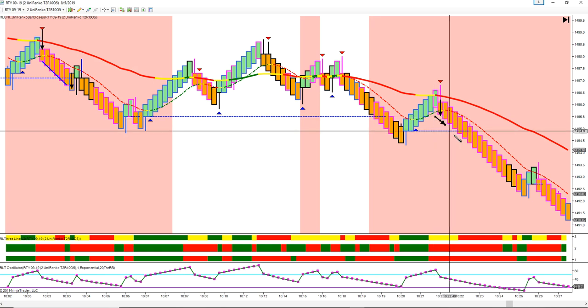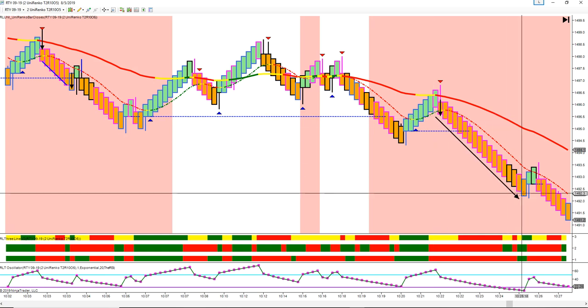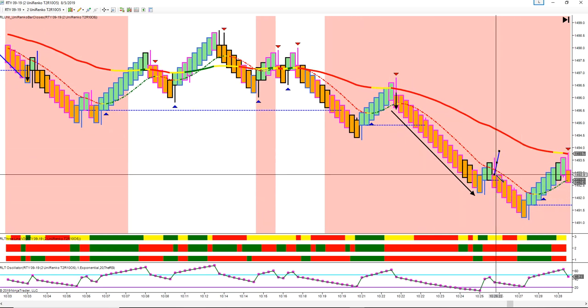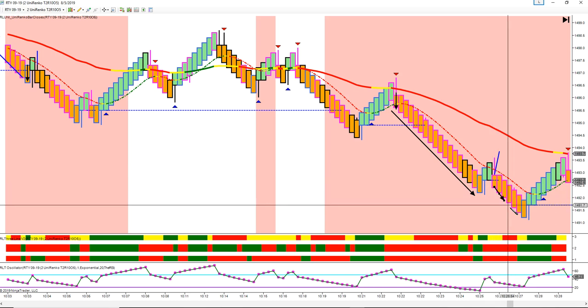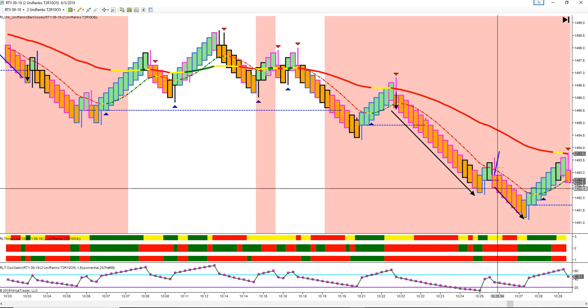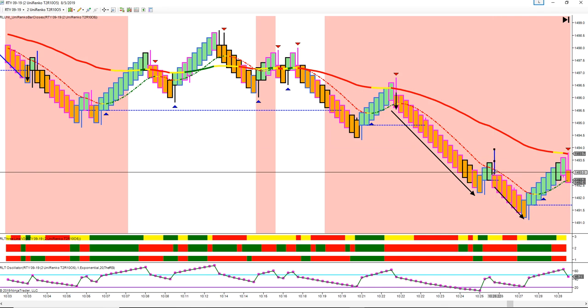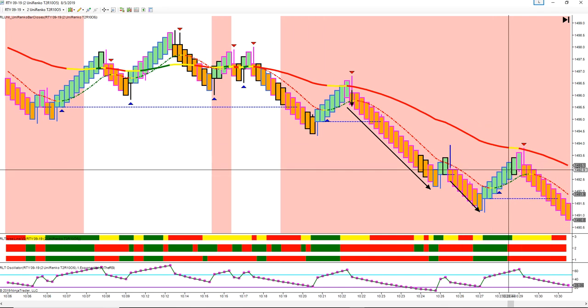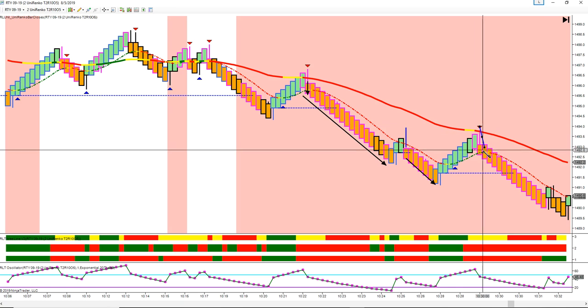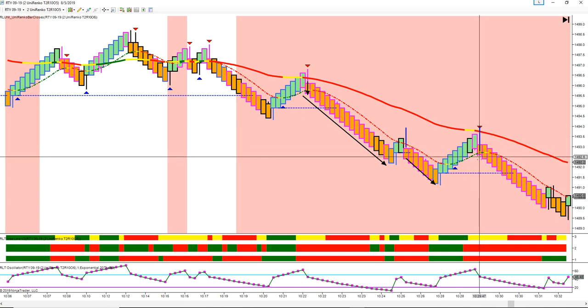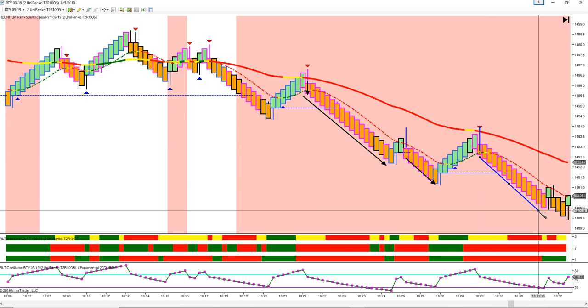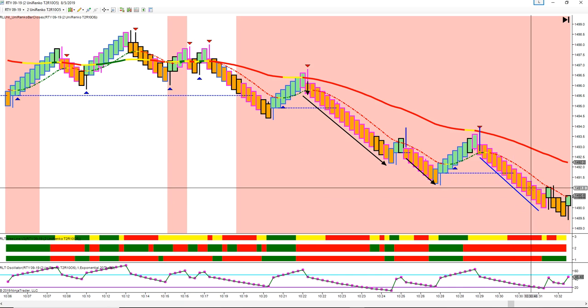It just blows right through the pivot. There's your next trade. It's a pivot breaker with order flow, stochastic, and momentum aligned to the downside. There's your next trade. Boom. Now this is 10:30.